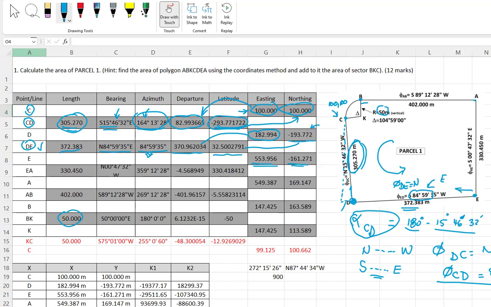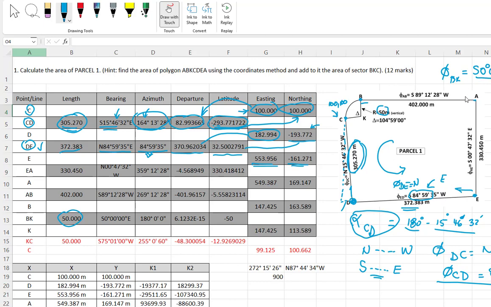Vertical from B to K, that means it has an azimuth, or let's start with the bearing. The phi of that BK, it's going downwards, so it is from the south, so it is equal to south, and it is 0 from the south, 0 degrees, 0 minutes, and 0 seconds, and going to the east or to the west, it doesn't matter.